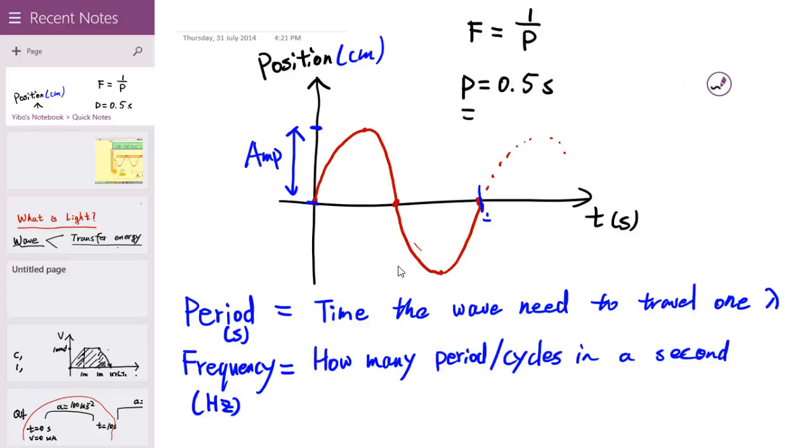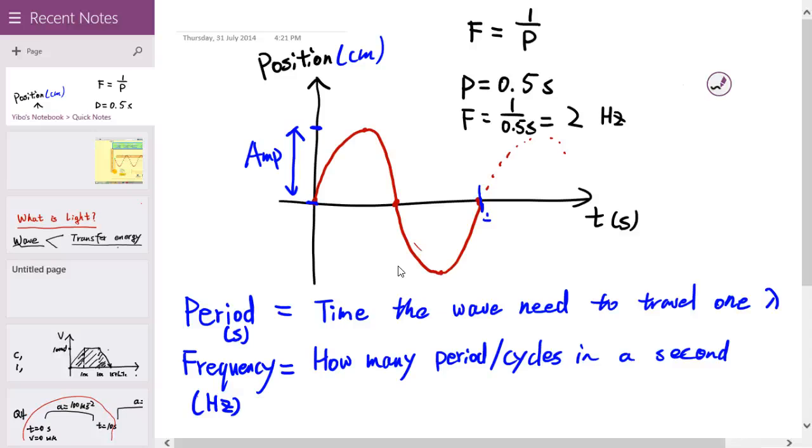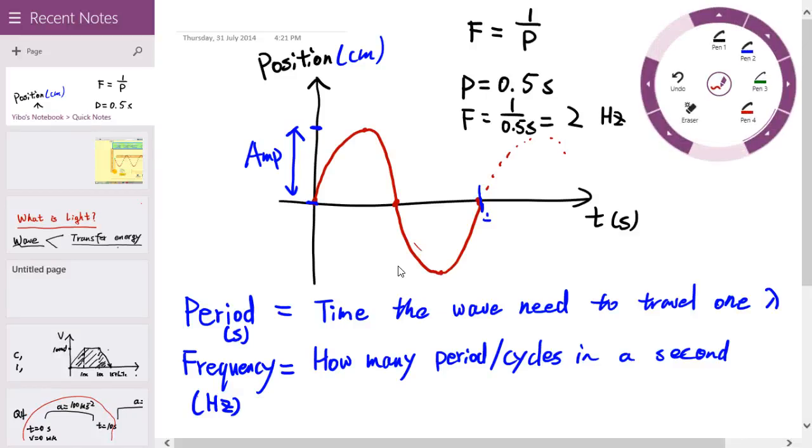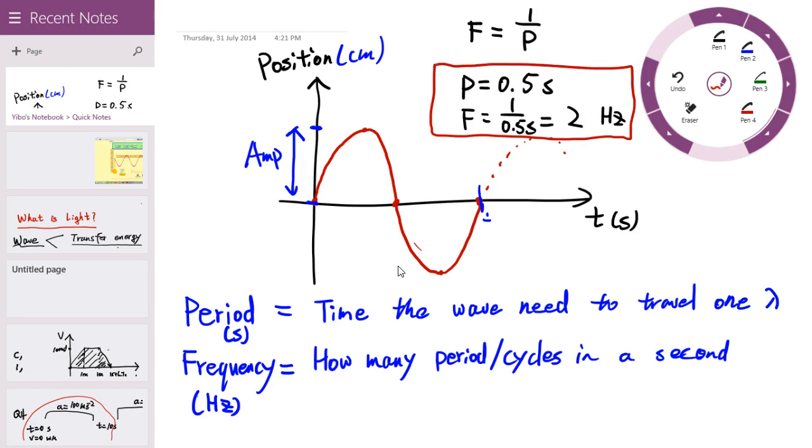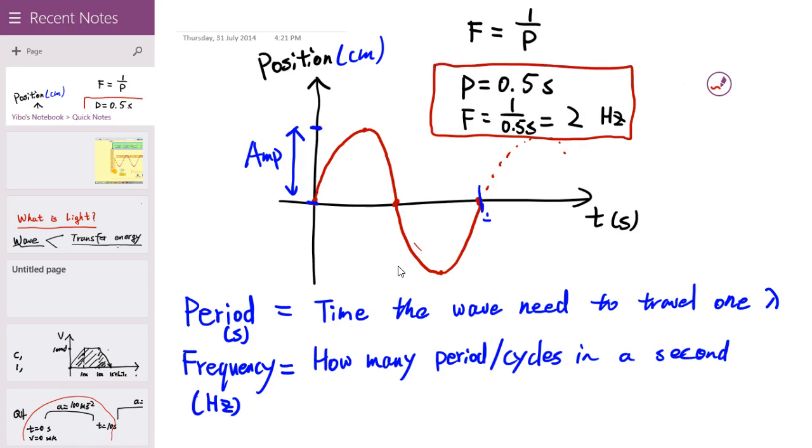So the frequency will be 1 divided by 0.5 seconds, which is going to be 2 hertz. So in every second, there will be 2 periods. Make a note of that. We're going to deal a lot with frequencies in physics.